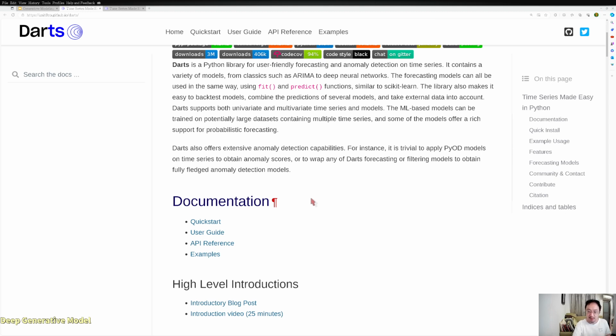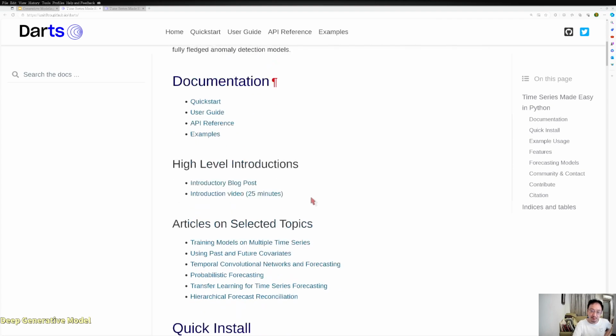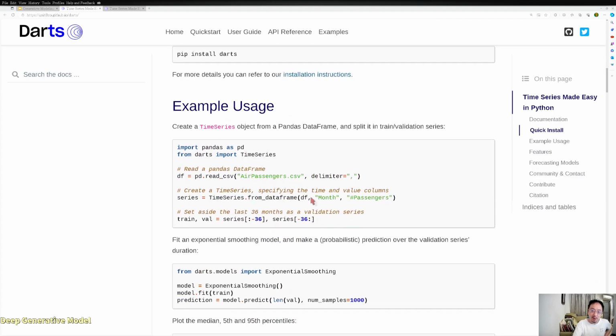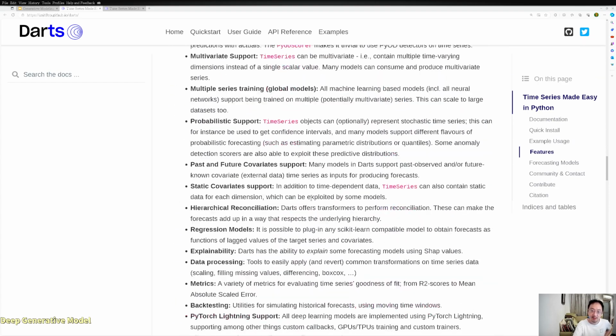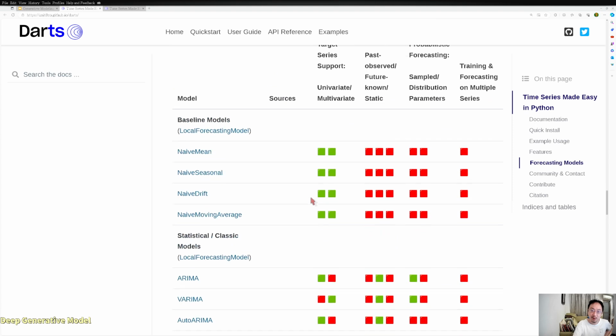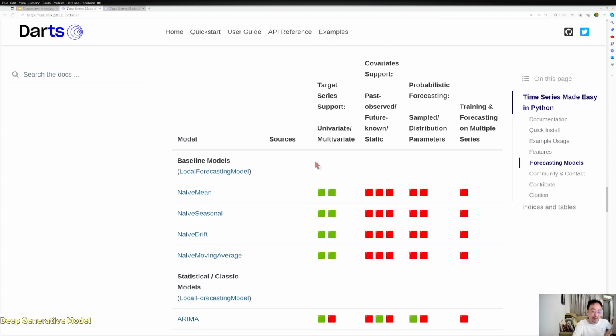really quickly and conveniently. So what kind of algorithms does it contain? It actually has a table to show what kind of models it has packed in this library. It starts from very naive ones, like naive mean, which pretty much just chooses the average of the history as a prediction.